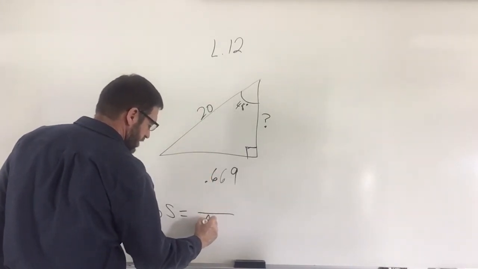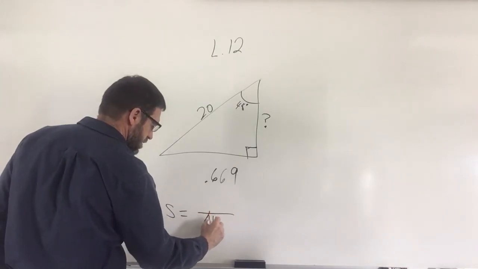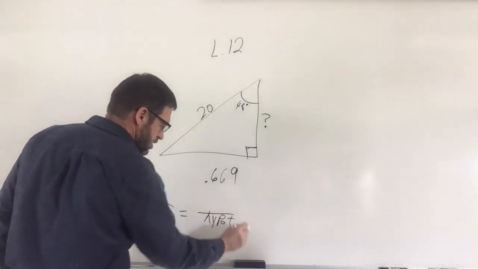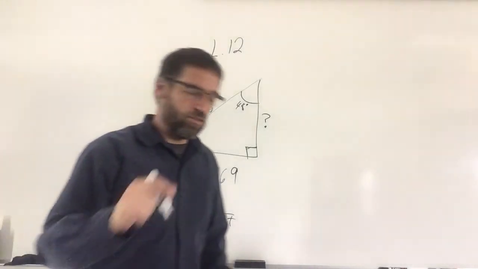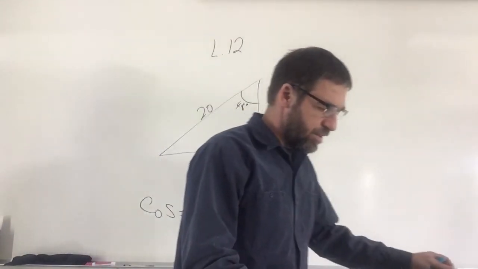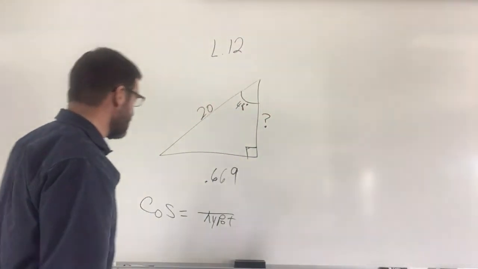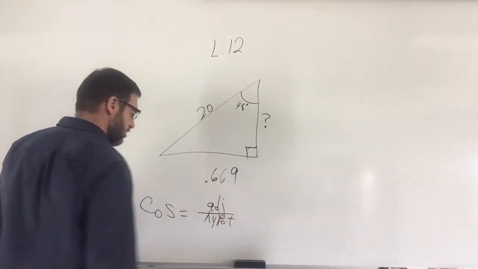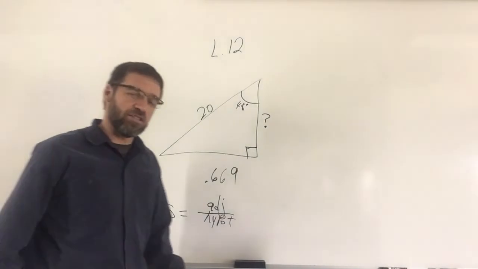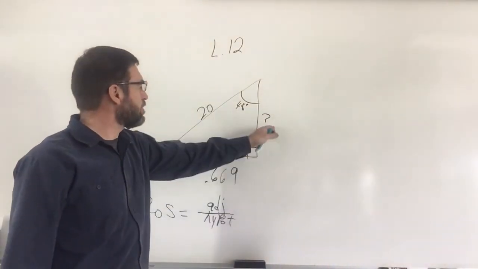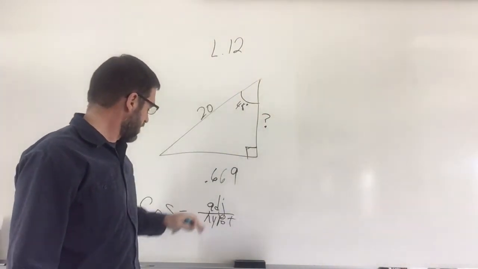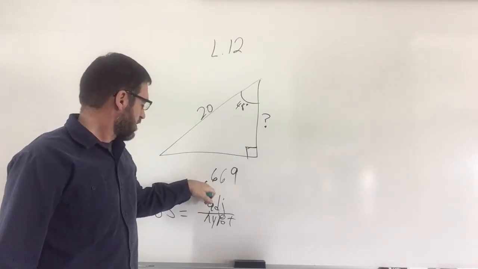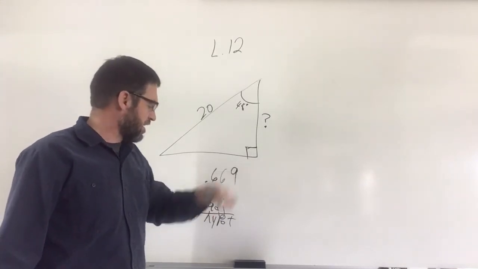Oh, bottom, sorry. The hypotenuse goes on the bottom. What other one is it? Oh, adjacent, you're right. ADJ. That looks almost like an adjective. No, it's not, it's adjacent. So this is the one we want. We got this one, we got this one, and we know that it is 0.669.